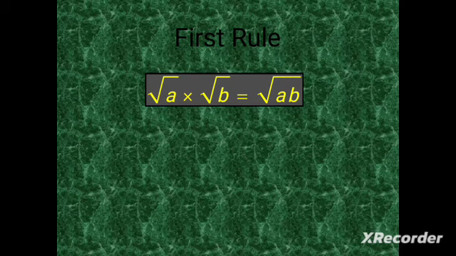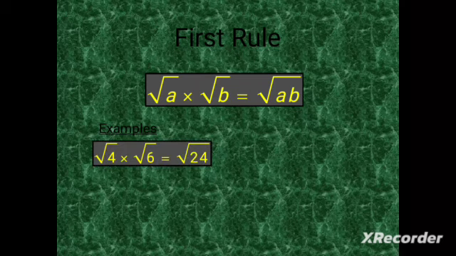Now, the first rule, which is square root of A, or what we call root of A times root of B, will give us square root of AB. You multiply. So, let's see what this means in an example.